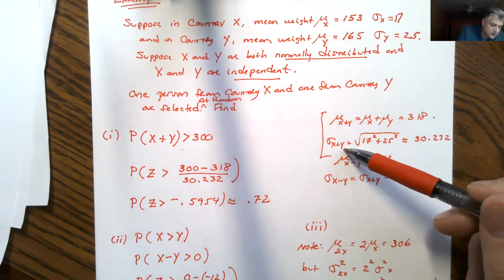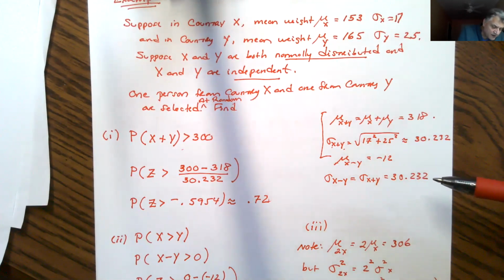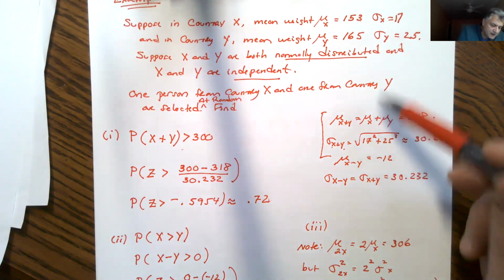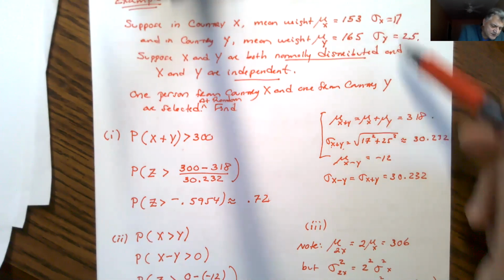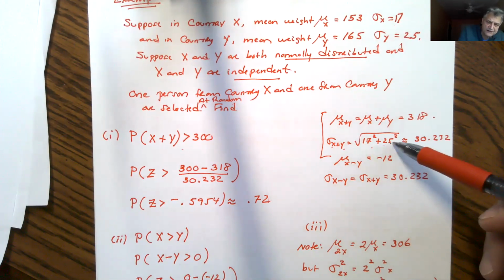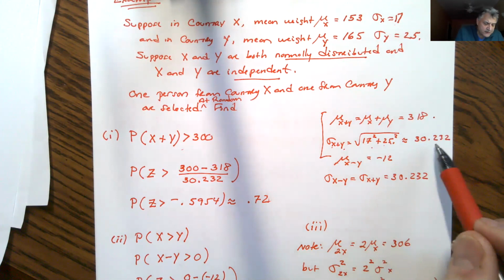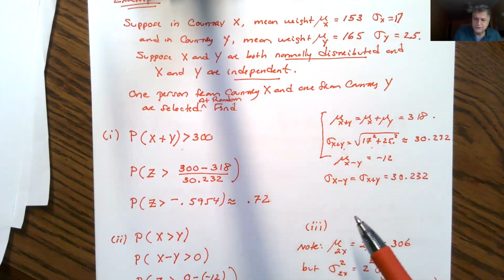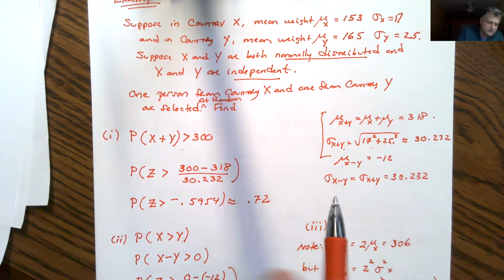And sigma of x plus y is the square root of sigma squared x plus sigma squared y, so 17 squared plus 25 squared. This gives approximately 30.2. This is for the next part of the problem.